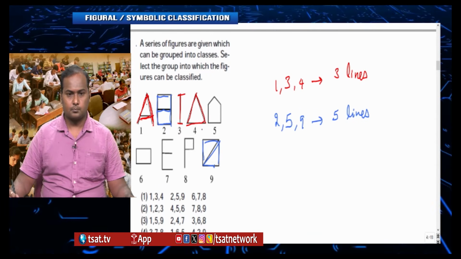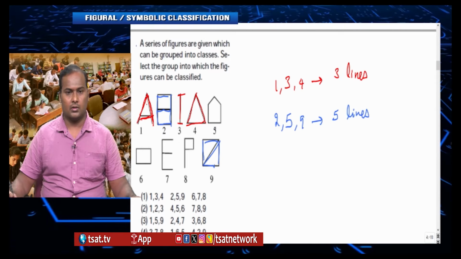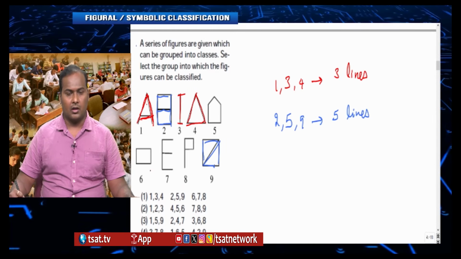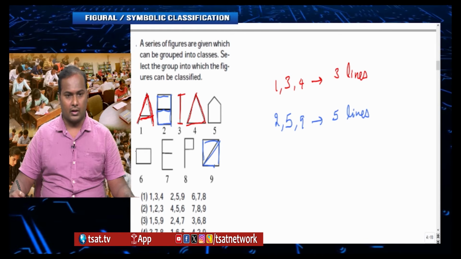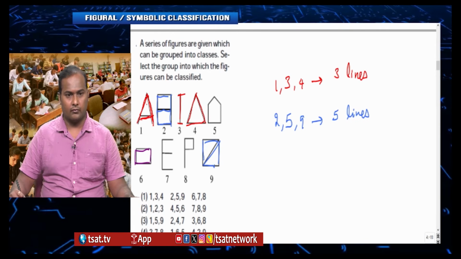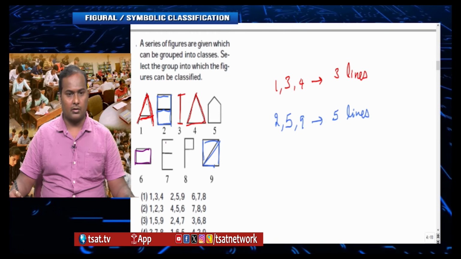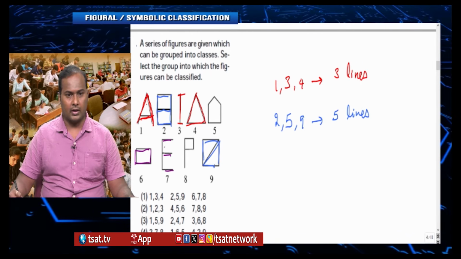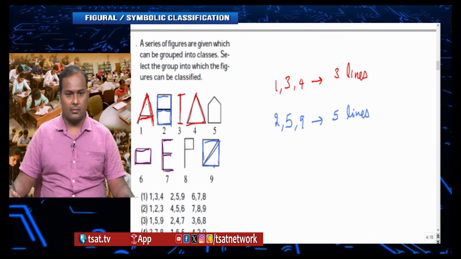And see the next one. We know that 6 is formed with 4 lines, 1, 2, 3, 4. In the same way, E is also formed with 4 lines, and P is also formed with 4 lines.